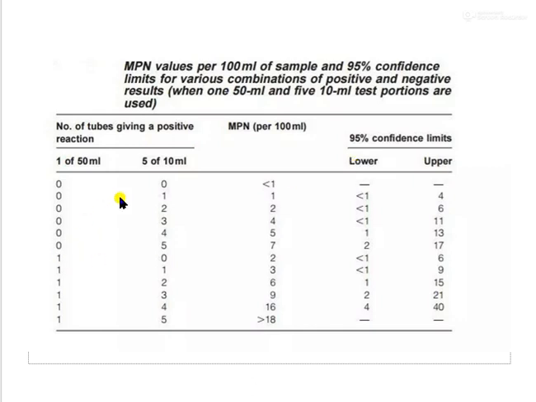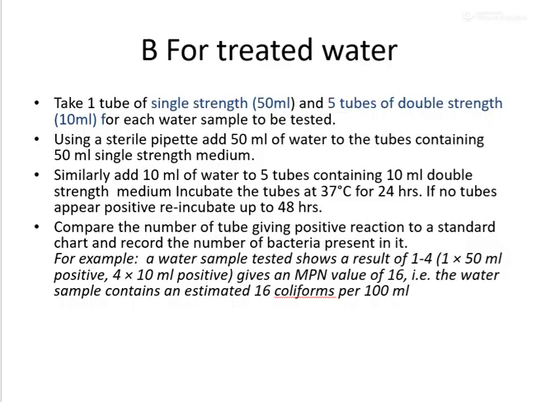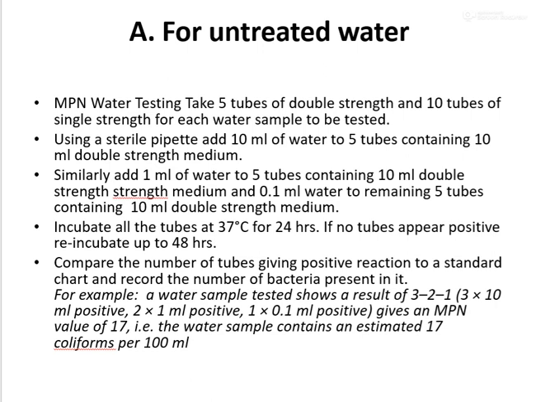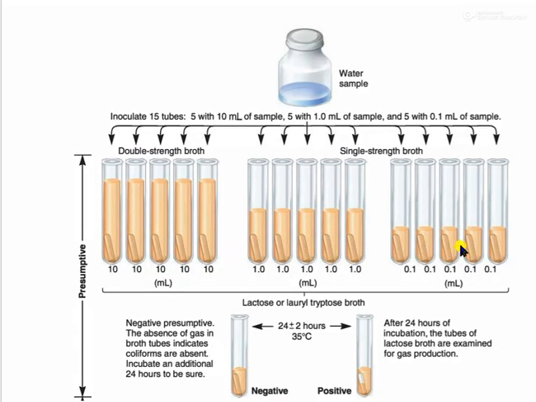For treated water, the MPN chart is like this. The sample volume and the number of tubes we take are also different in the case of treated and untreated water for the presumptive test. I hope you remember what it is for untreated water. In the untreated water we were taking like this.